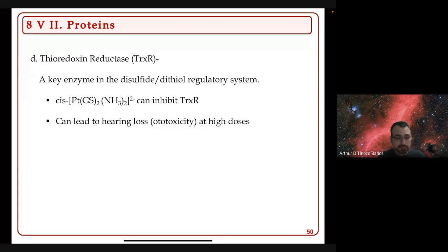It has been observed that metallation of glutathione by the platinum from cisplatin can lead to an inhibition of the thioredoxin reductase system. A subsequent effect of this, and it's not entirely clear how this is manifested, can lead to hearing loss, a type of toxicity known as ototoxicity, at high doses of cisplatin.